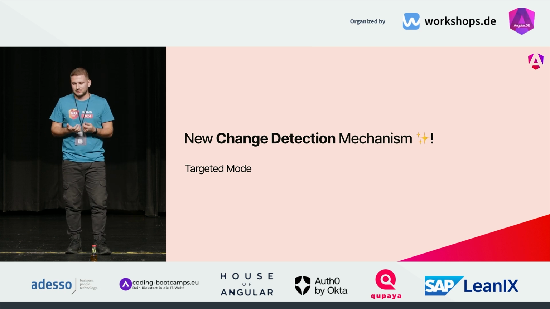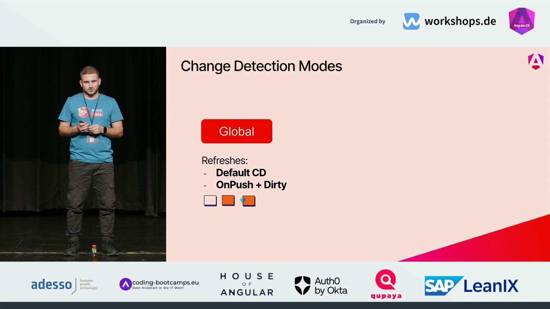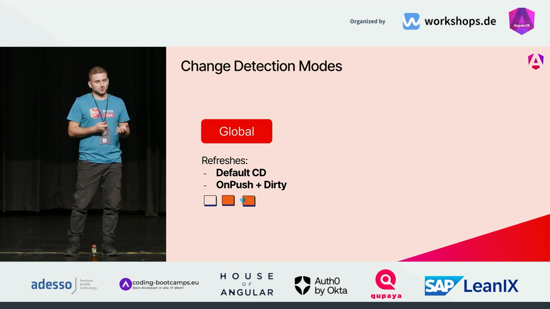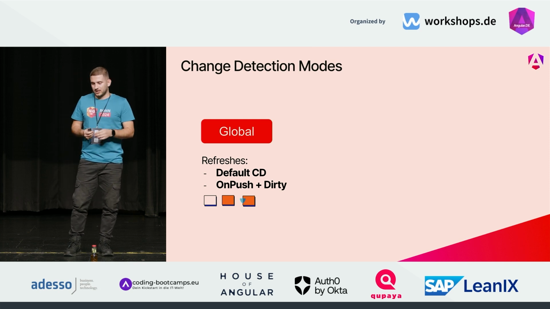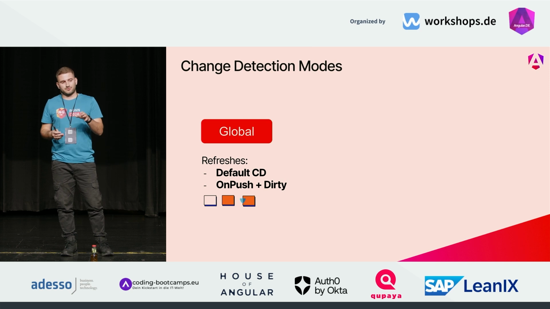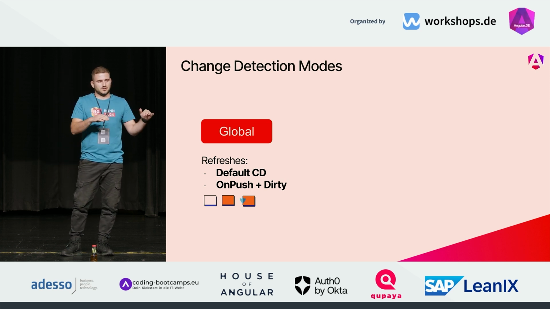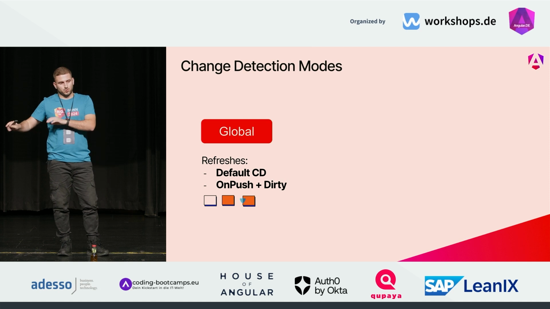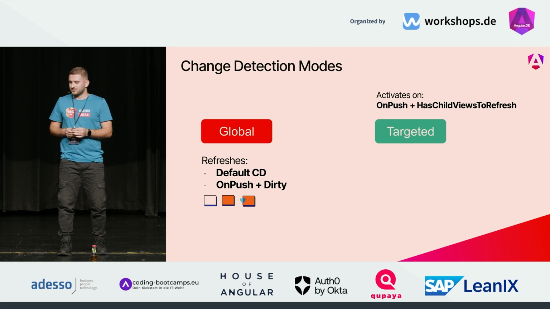That's called targeted mode. Targeted mode was introduced, but before that we have something else called global mode. Global mode was the default change detection that I showed you before, where anytime Angular goes top-down, it says, I will refresh every component that has default change detection set, like nothing set there, or if it's OnPush and dirty, or the signal inside of it or the inputs changed.